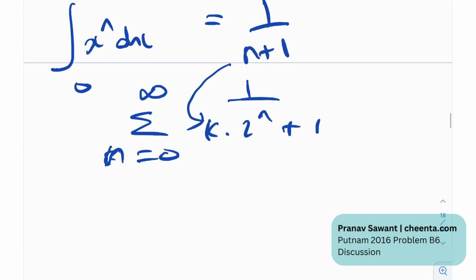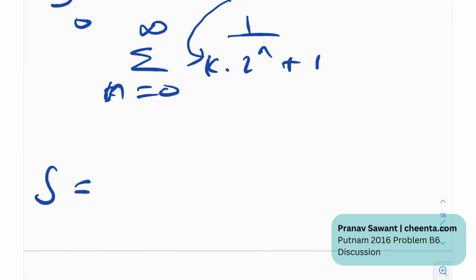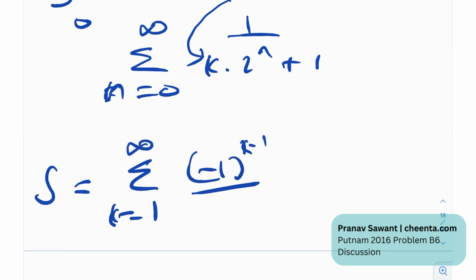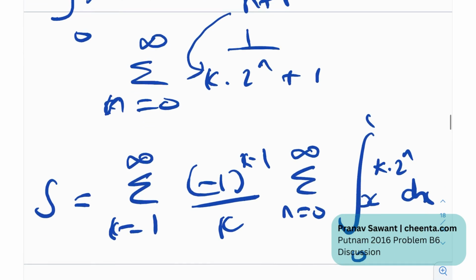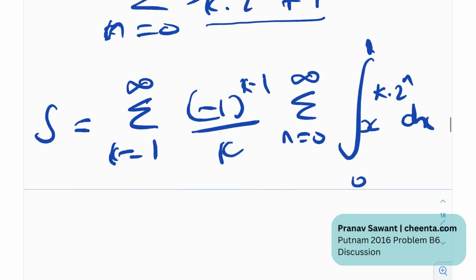Essentially, this sum is equal to sigma from k equals 1 to infinity of (-1)^(k-1) by k times sigma from n equals 0 to infinity, and then replacing this with the integral of x^(k times 2^n) dx from 0 to 1. Instead of k times 2^n, if you had just n, you would have gotten 1 by n+1. But because you have k times 2^n, you get 1 by (k times 2^n plus 1), with limits of 0 to 1, obviously.